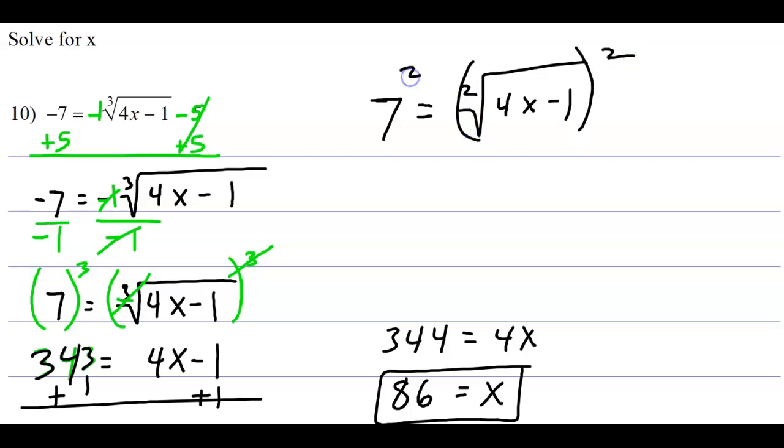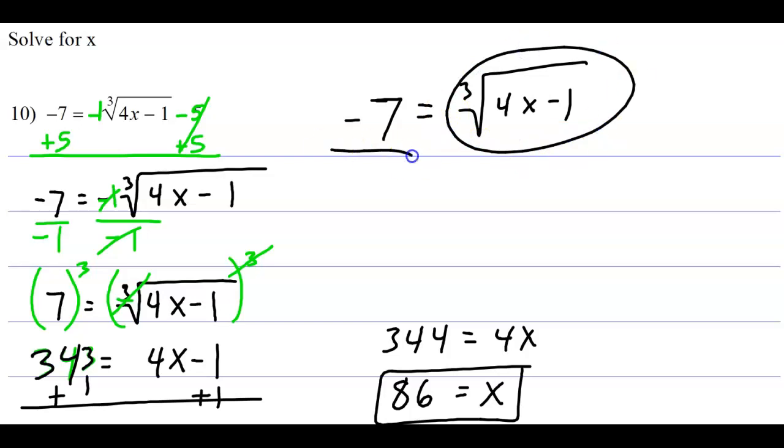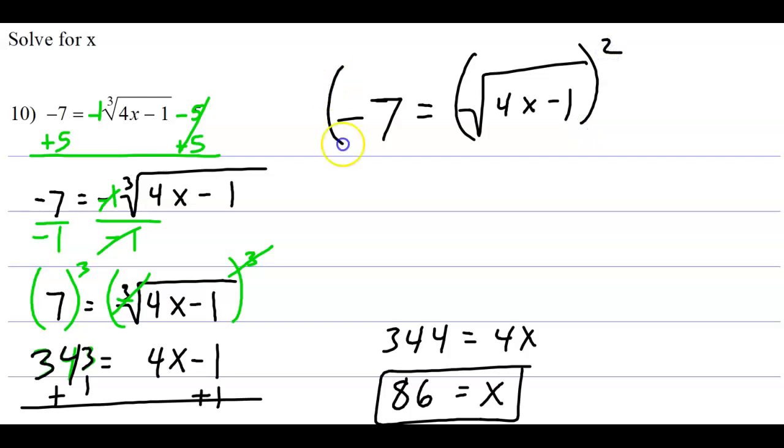Okay? However, I want to caution you guys against something. If you ever have a situation like this, it's okay, because a cube root can give a negative answer, as we've seen earlier. But let's just say that you had this instead. Well, you might be tempted to go, okay, well, let's just square it.